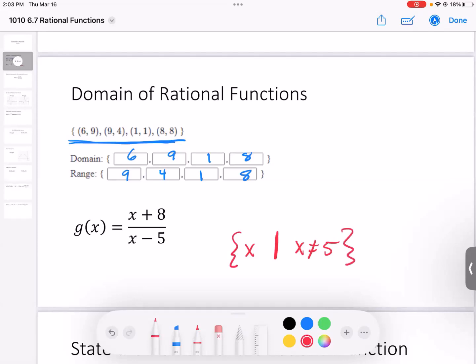So you have these curly brackets and it says you can have all x's such that x does not equal 5. On your homework, you'll have some problems where they'll give you a rational function and they'll say, what is the domain? You basically just need to fill in what x cannot equal. So that's the first thing to know about rational functions.